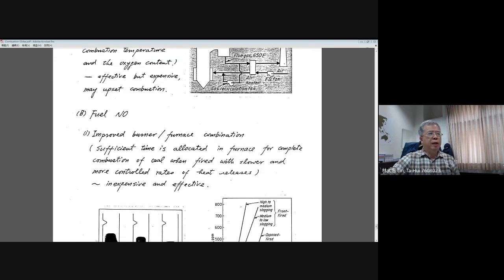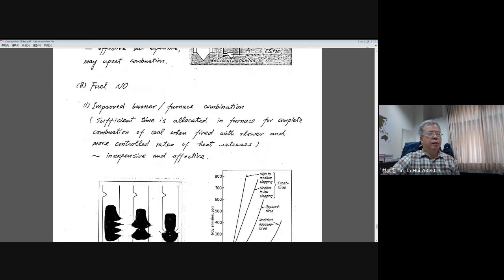For fuel NO, the most efficient way to reduce the formation is to rearrange the supply of fuel and try to increase the residence time.